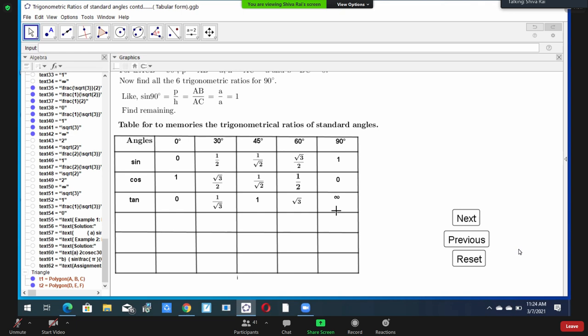Also, the relation of tan and cot you have already learned, they have a reciprocal relation. And already you know the relation of sin and cosec, they also have a reciprocal relation. And cos and sec also have a reciprocal relation. So the remaining we can find from reciprocals.